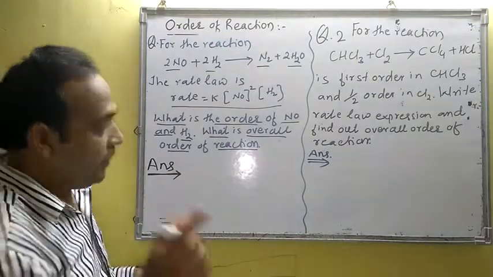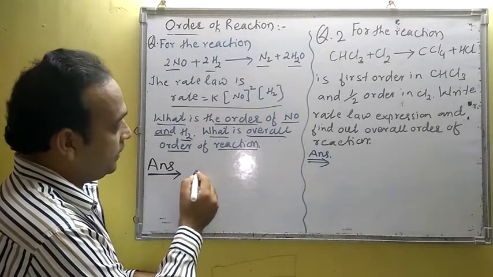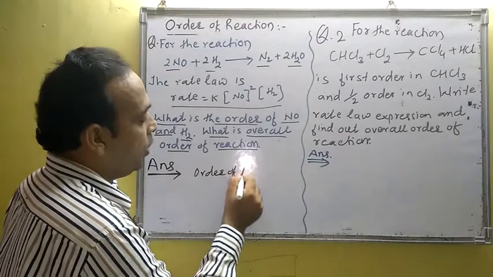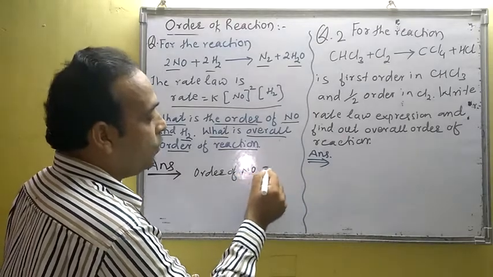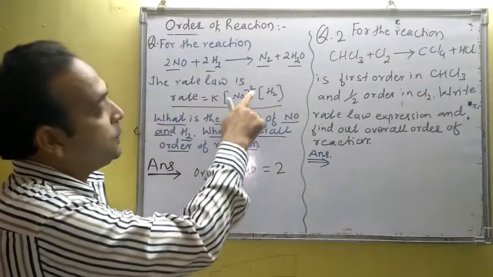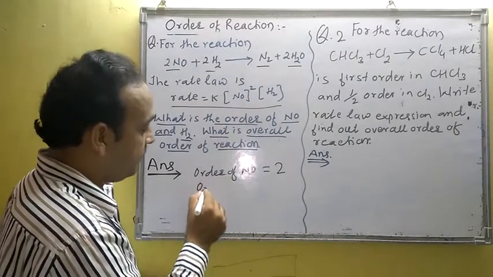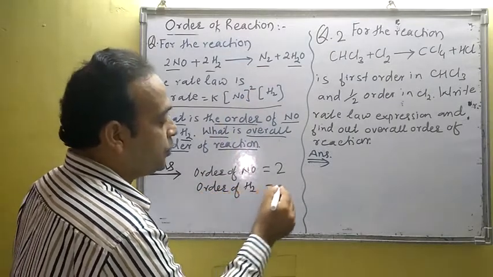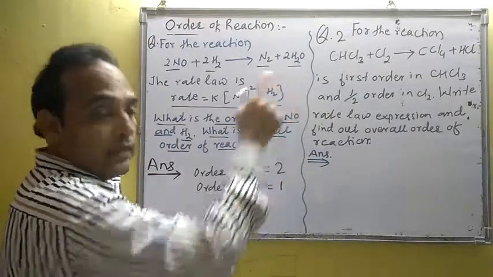Now we will write here: order of NO is 2, because the power is 2, and order of H2 is 1, because the power is 1.